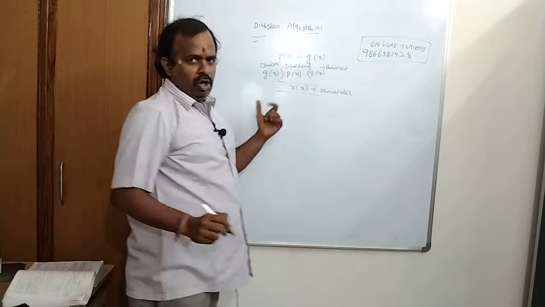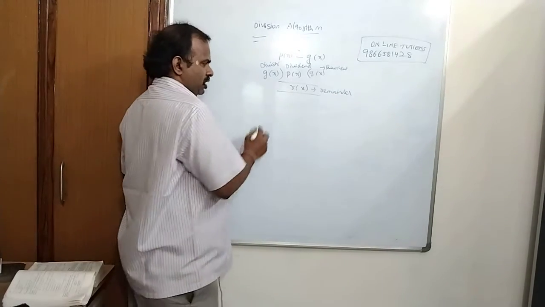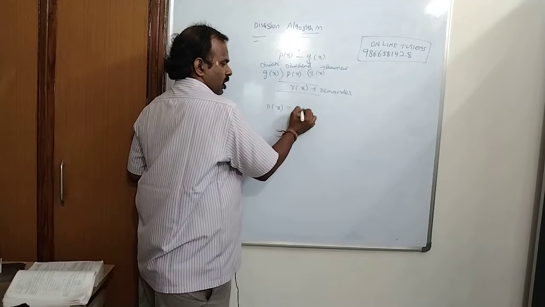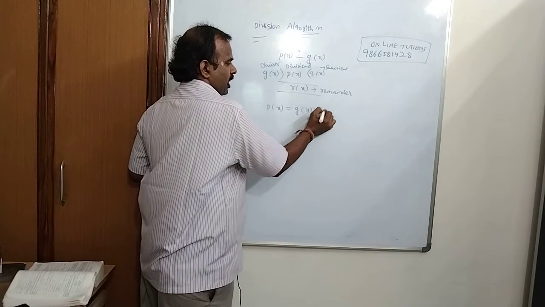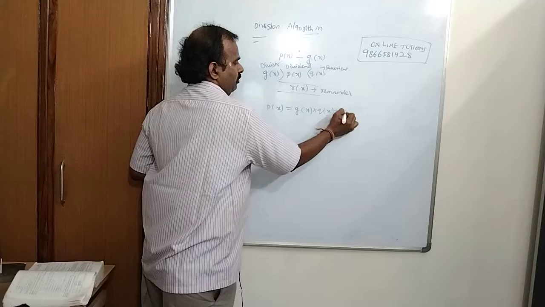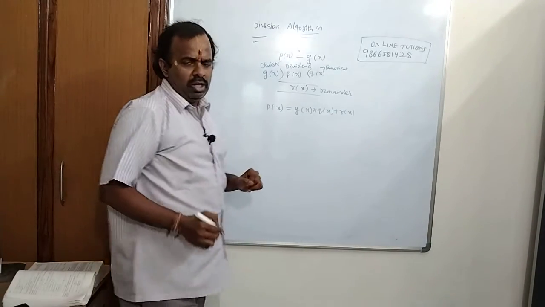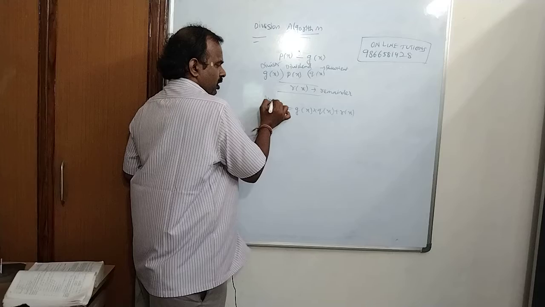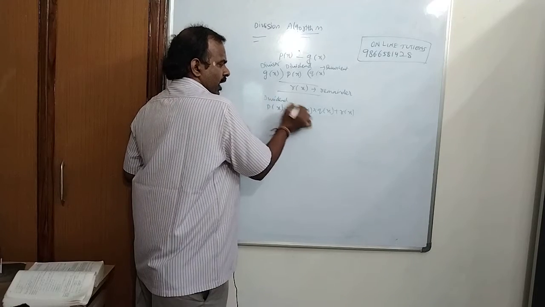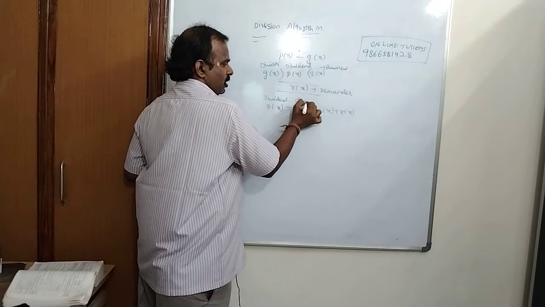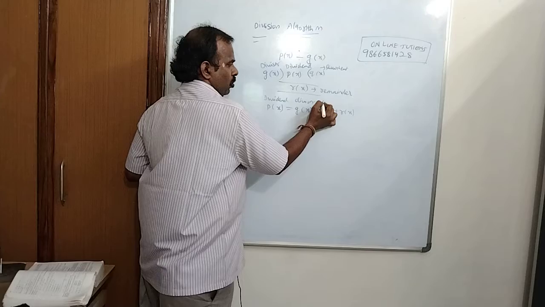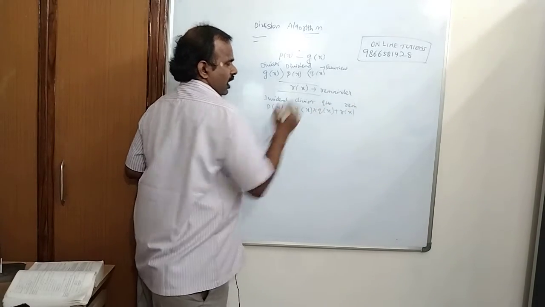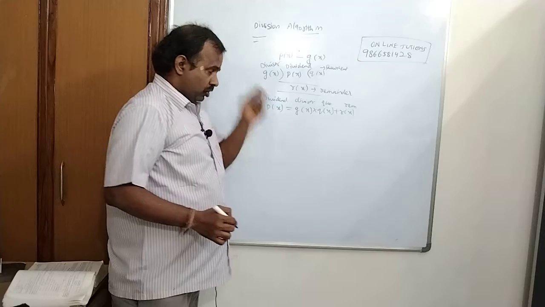So we can draw a formula for this. What is that formula? p of x is equal to g of x into q of x plus r of x. That means p of x is the dividend, g of x is the divisor, q of x is the quotient, and r of x is the remainder.